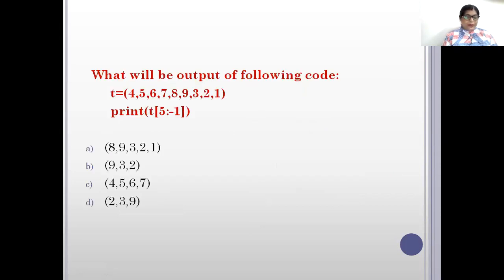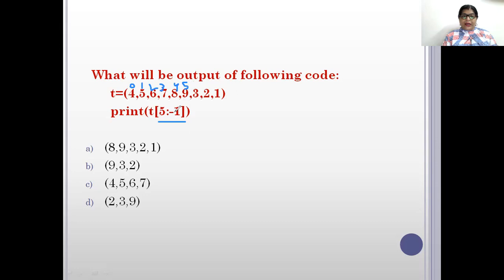Next, what will be the output of the following code? Hope this question is now clearly visible to you, because this is again indexing. The indexing they have given is 5 to -1. Indexing goes 0, 1, 2, 3, 4, 5.